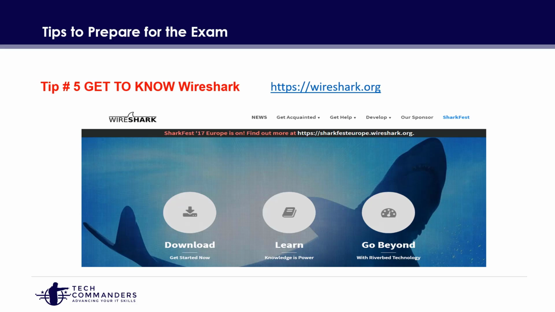Number 5, Wireshark. Okay, so Wireshark is another tool that you'll want to learn. This specific tool, Wireshark, is a network protocol analyzer, and it's meant to capture packets from a network connection, and this could be, for example, from your home computer, your home network, or the office.